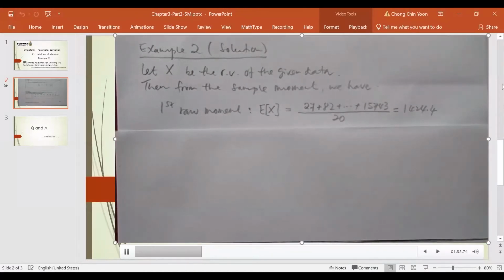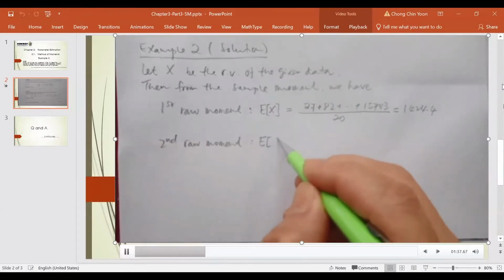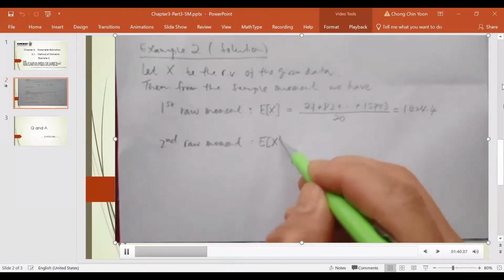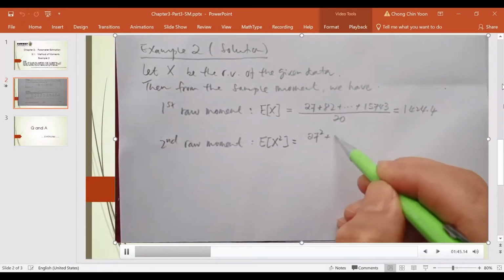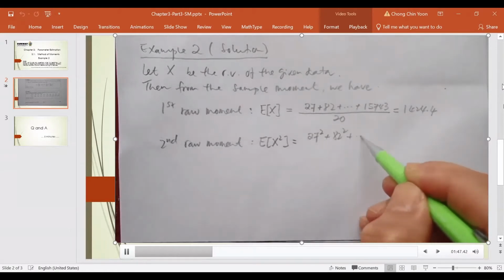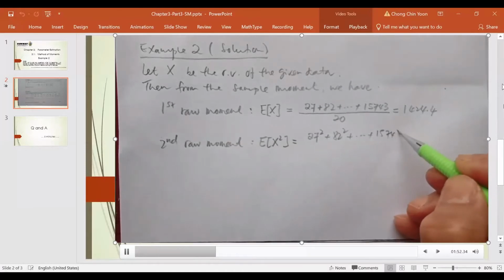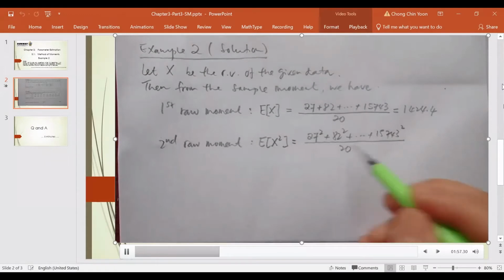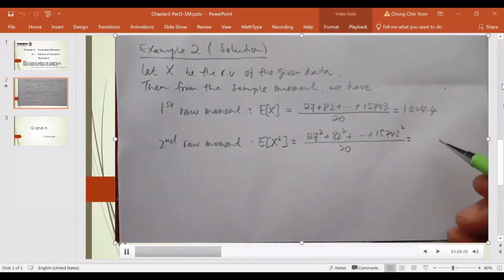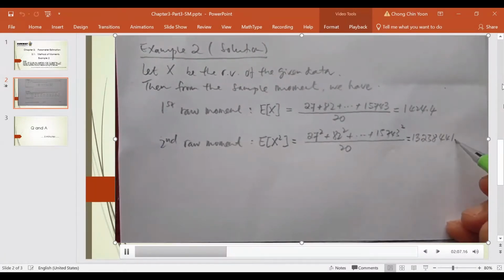Next, we go to the second raw moment, which is equal to the sum of 27 squared plus 82 squared until 15743 squared, and this total divided by 20, and we have 13,238,441.9.